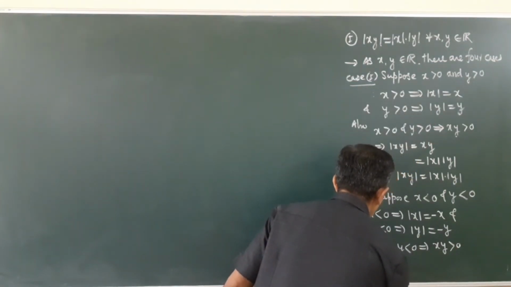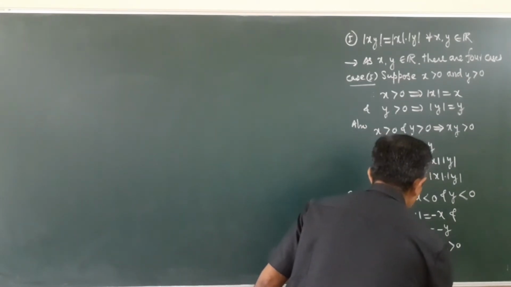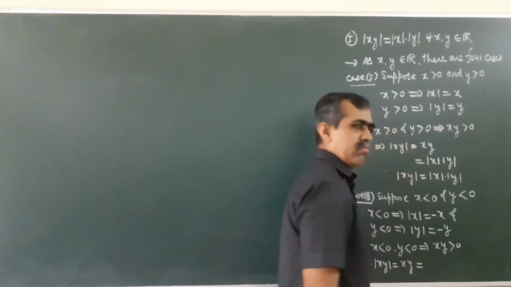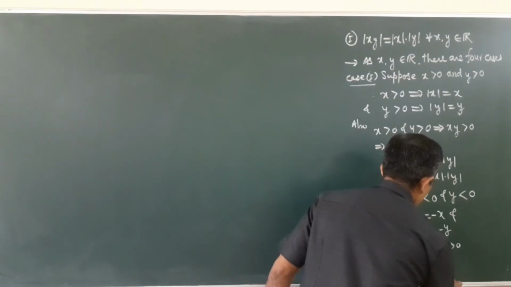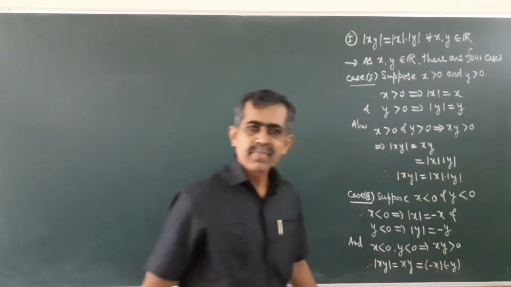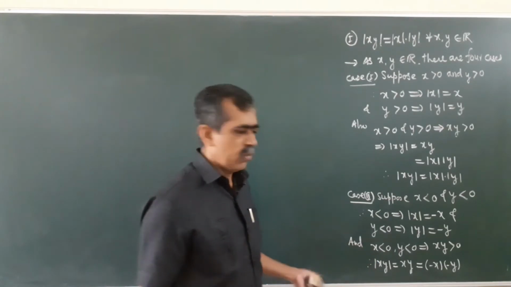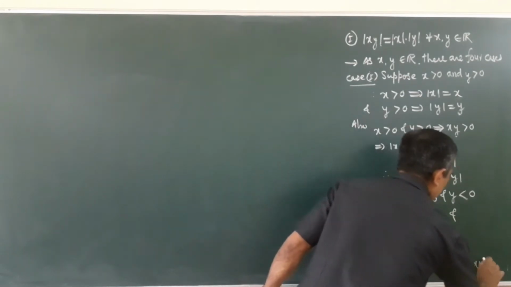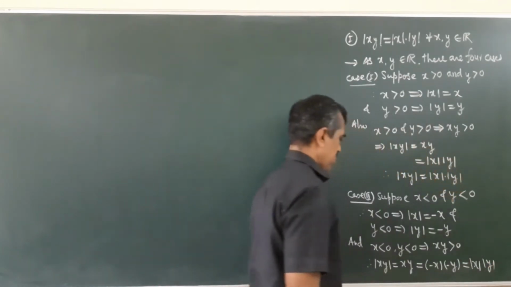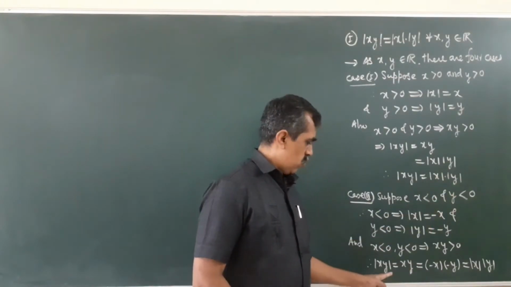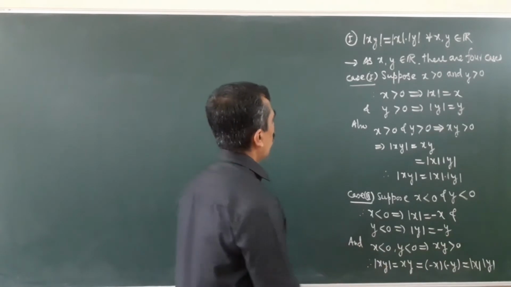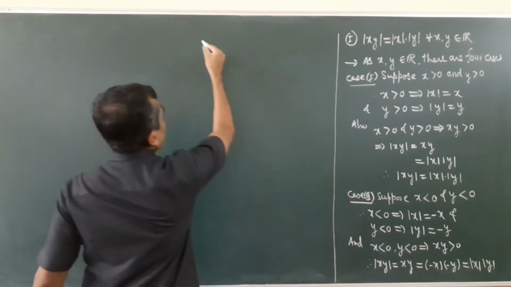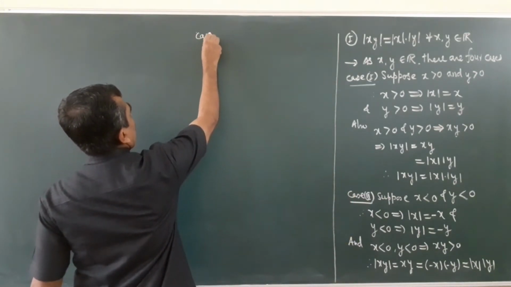Therefore mod of xy is equal to xy, but I may write this as minus x into minus y, because minus into minus is plus, that we know. And what is minus x? It is mod x. What is minus y? It is mod y. So thus if x and y are both negative, mod of xy is mod x into mod y. So this is true for case 2. Now consider case 3.